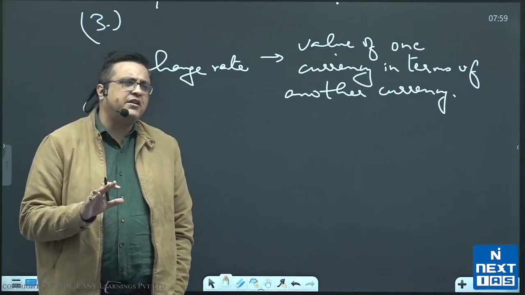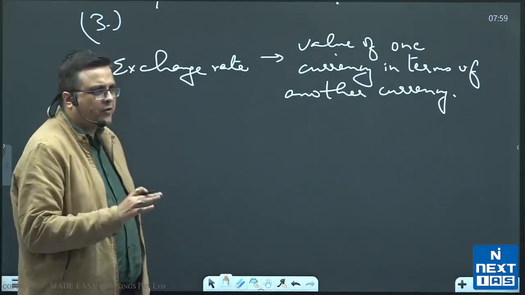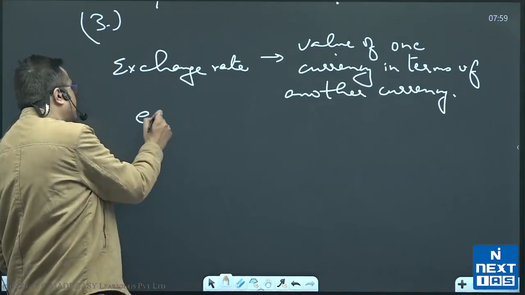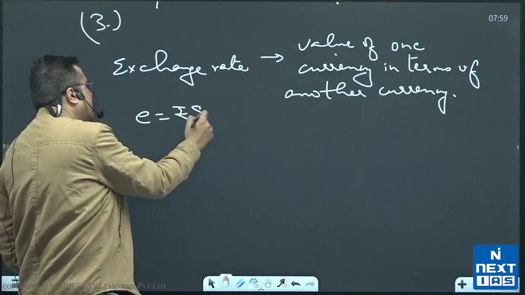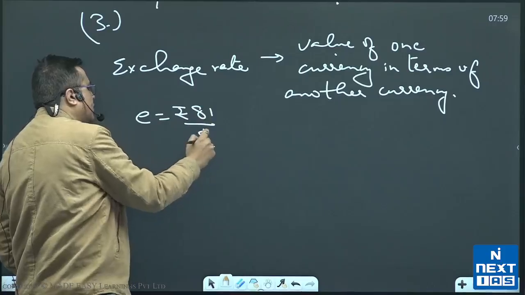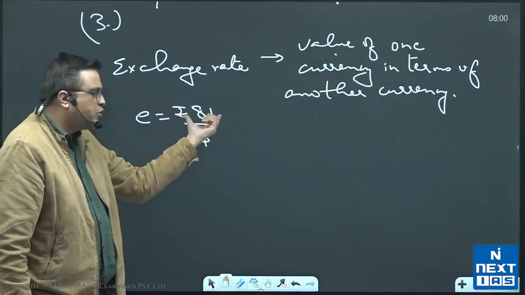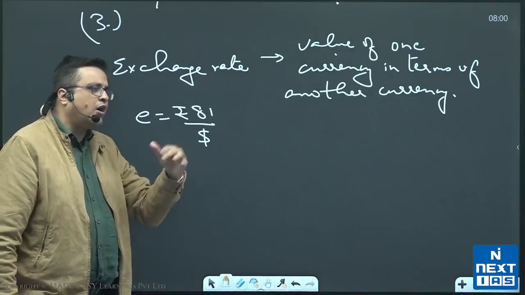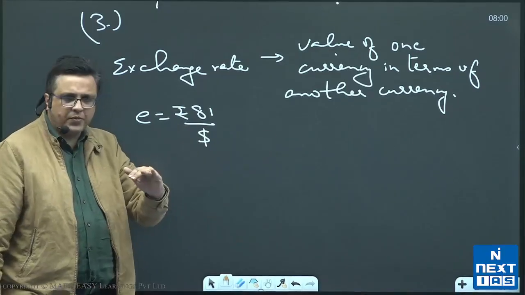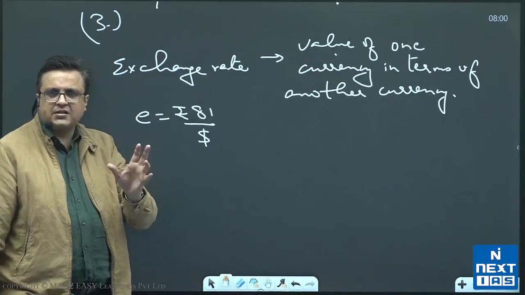Now, Reddy sir will take you into details of it, but for our functional knowledge, I'm telling you a few things. Like when you see rupee is 81 to a dollar. Now this is exchange rate. That how many rupee do you need for $1, or how many dollars do you need for 1 rupee. All right, that is exchange rate.